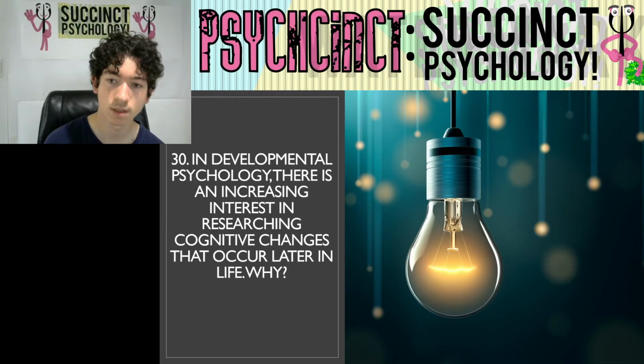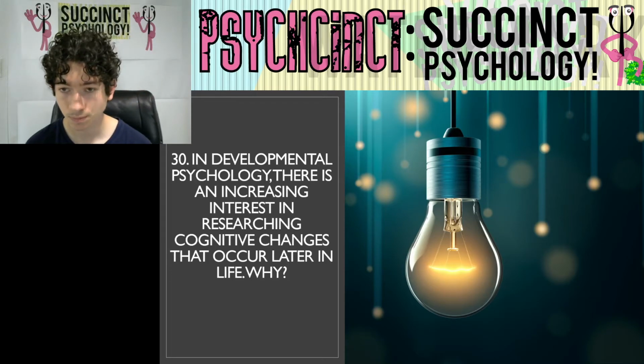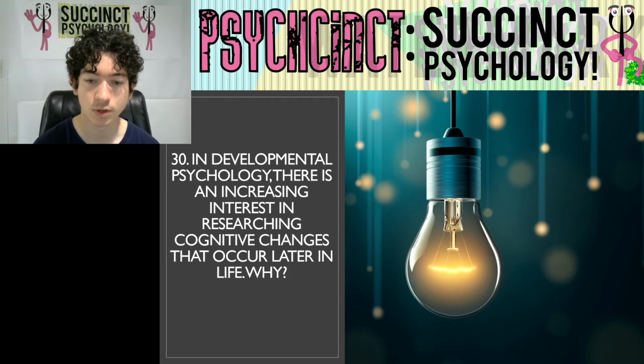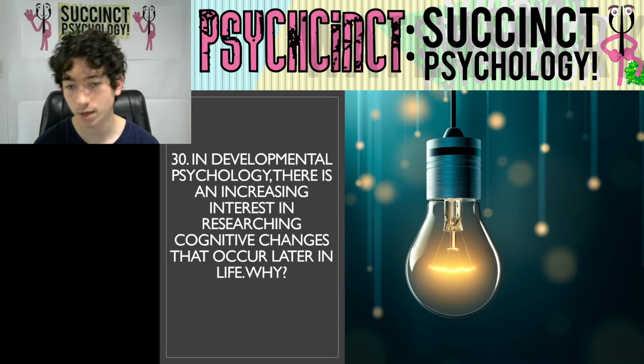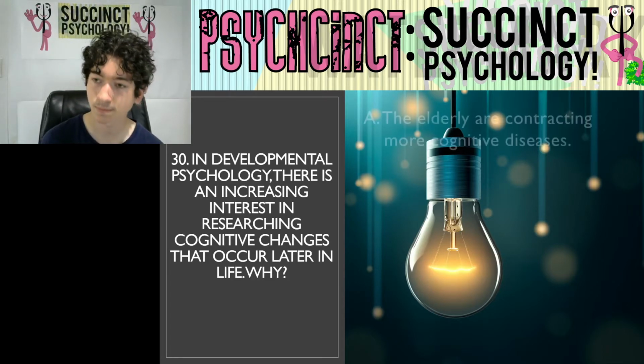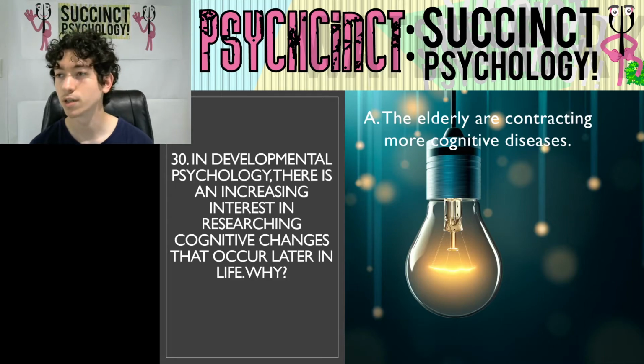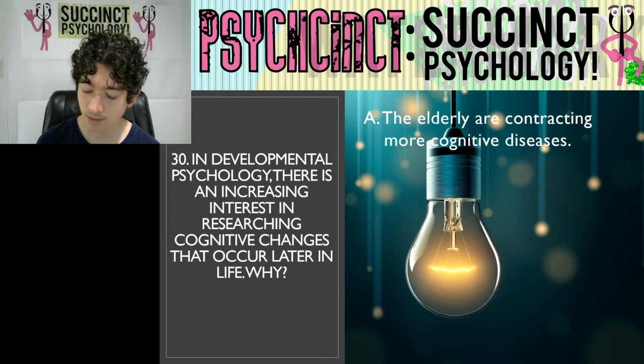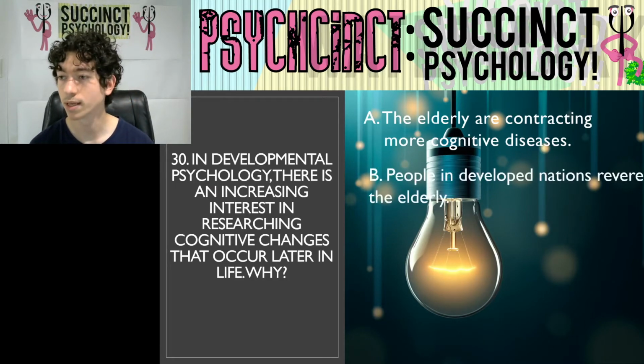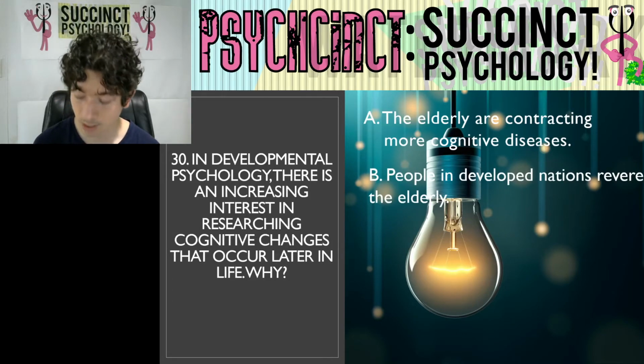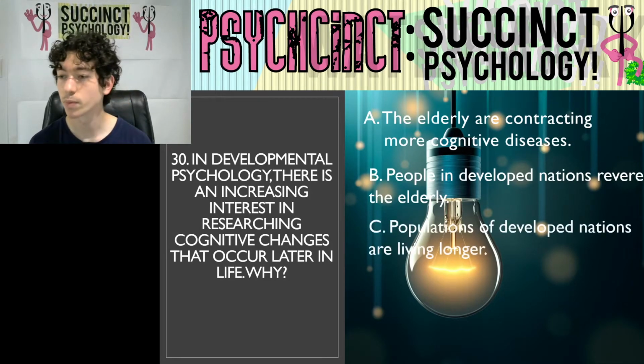Question 30. In developmental psychology, there is an increasing interest in researching cognitive changes that occur later in life. Why is that? Is it because the elderly are contracting more cognitive diseases? Is it because the people in developed nations revere the elderly? Is it that populations of developed nations are living longer?